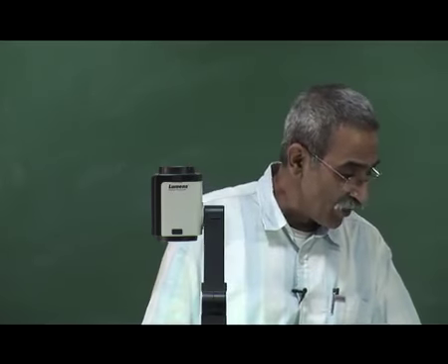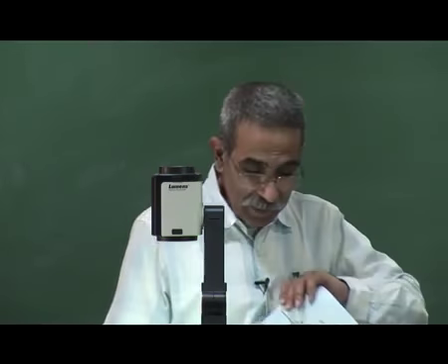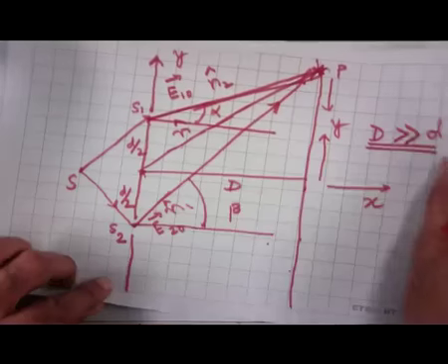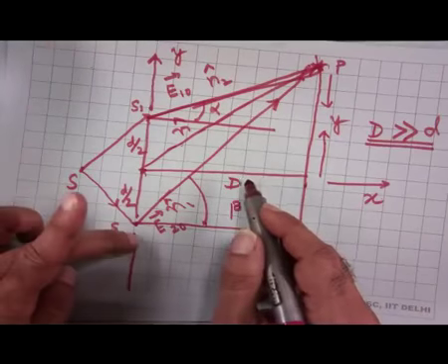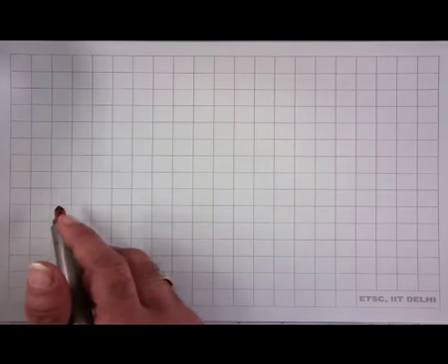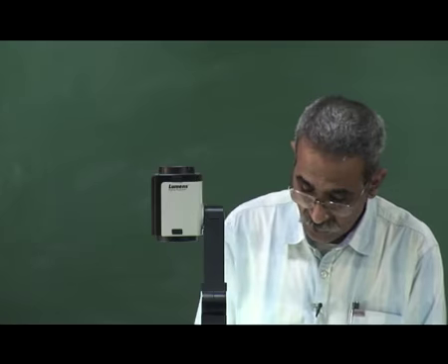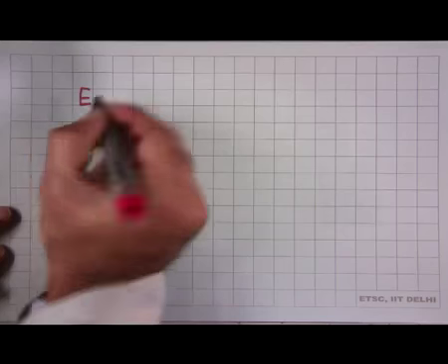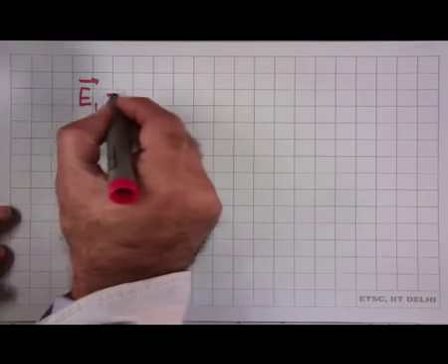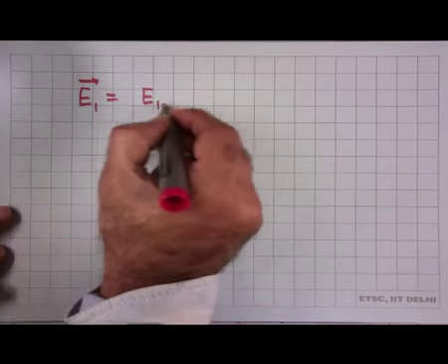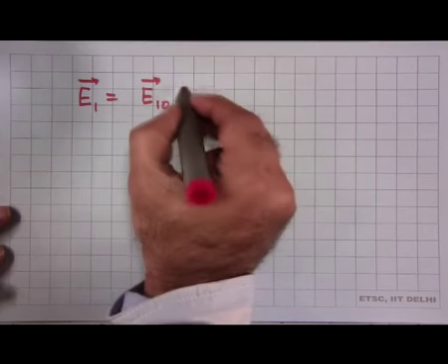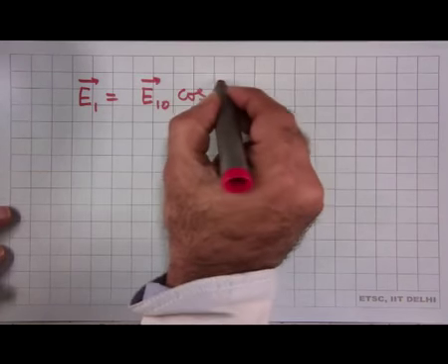Therefore, the only difference will be the magnitudes of the electric field at this point and this point. So that is all what I have to worry about, and I will start writing down the expression. So now I will write my expression. My E1 is nothing but E1 naught cos.